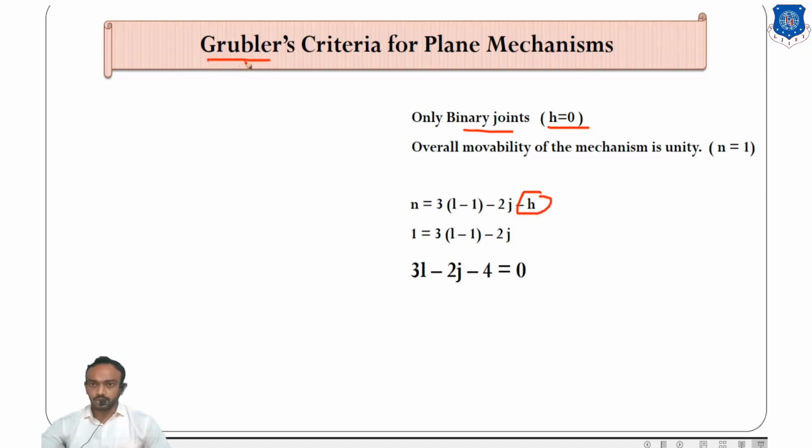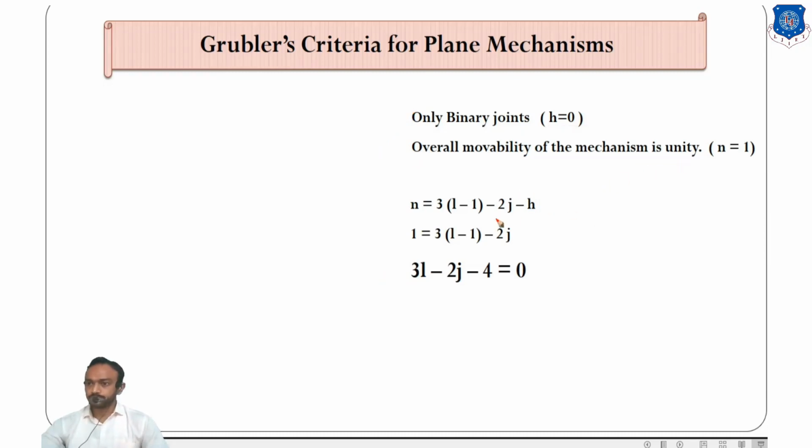Means the Grubler equation is nothing but another version of the Kutzbach equation. Two criteria should be fulfilled to apply this equation: one is that the higher pair is equal to 0, and the other is that the degree of freedom is equal to 1, N is equal to 1.